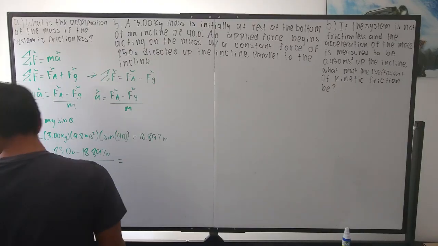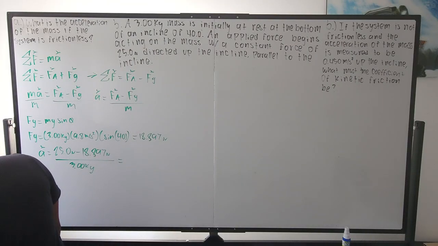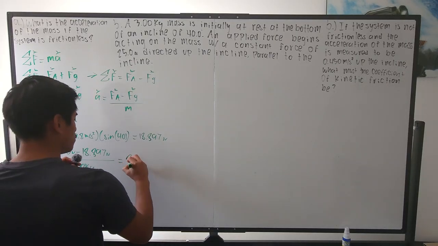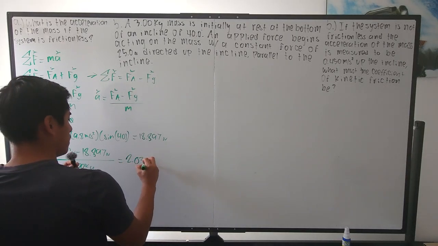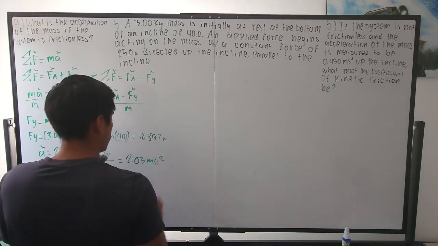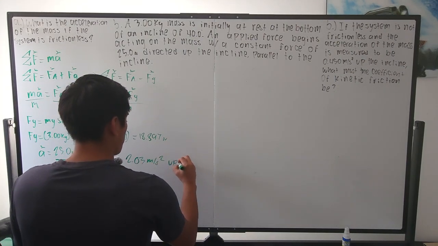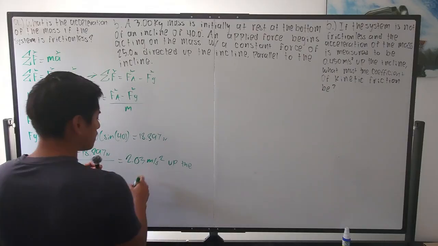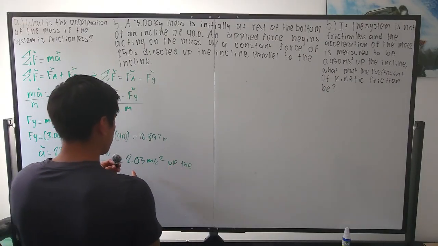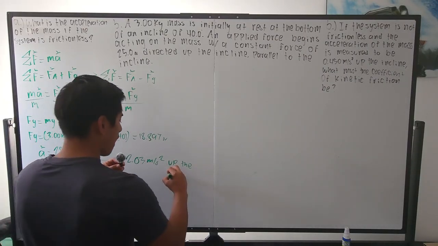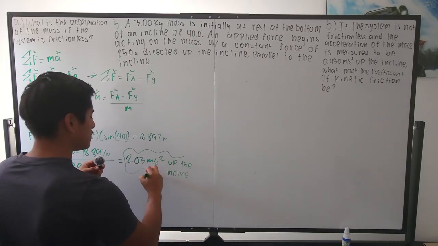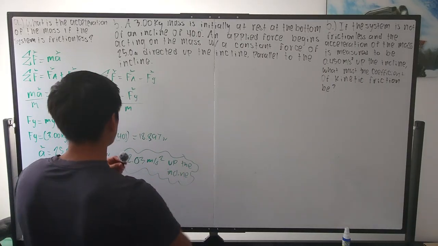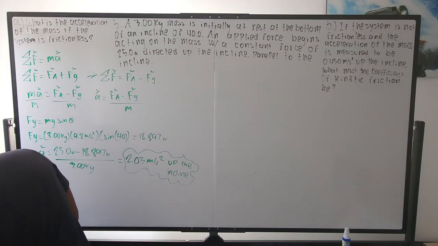And this will give me an answer for acceleration of 2.03 meters per second squared up the incline. And 2.03 is rounding. The exact number is something else, but I'm rounding. So that is without friction, right? Yeah, without friction.